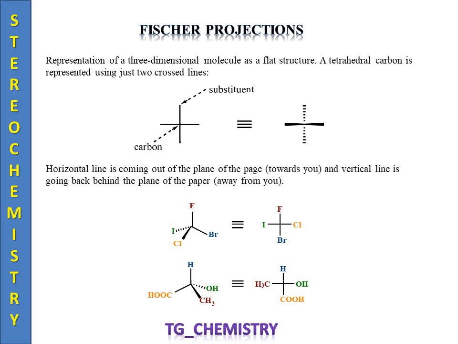As you can see, the junction of the crossing of the two lines, the vertical and the horizontal one, is treated as the carbon center, and at the ends of the lines the substituents are placed. This is equivalent to the shape you can see on the right hand side, where the vertical bonds are represented as away from the viewer, in the back side or below the plane, and the horizontal bonds are in the wedge form, towards the viewer or above the plane.